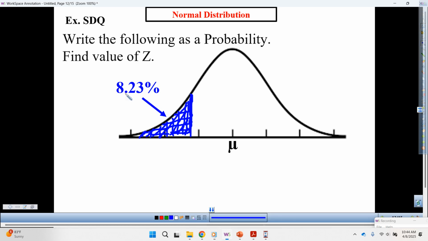Okay, guys, how many times do we move the decimal to make it a percent to the right? 2. So if we go backwards, we move it how many times? Yes, 0.0823. That's our decimal. Okay. Where did we get that decimal from? Mario?